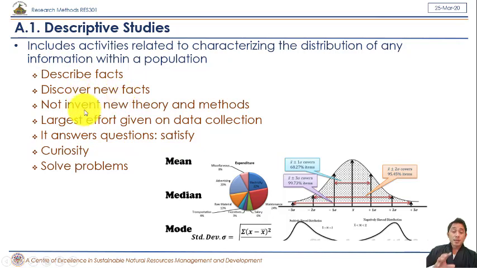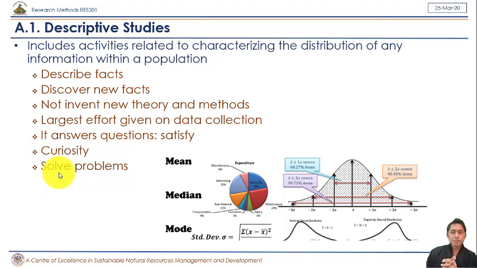But please remember, invention is not a part of descriptive studies. If you have to invent, we need to do more than descriptive studies. Descriptive is just describing something. Then we solve problems from descriptive studies. So basically, frequency, mean, median, mode, standard deviation, and basic descriptive statistics are all about descriptive studies.